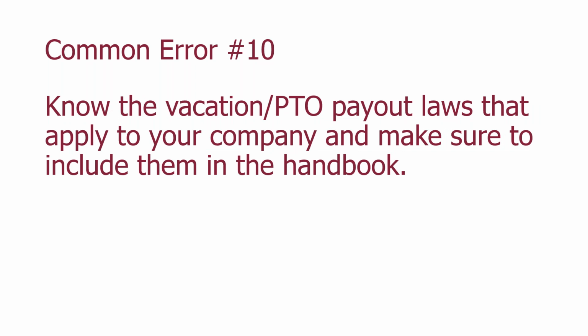So you'll want to make sure that your handbook states whether or not you are going to pay that out. And of course, you have to also know if your state requires it. If your state requires it, it doesn't really matter. But if you're in a state that says it's contingent on what the employer's policy says, make sure that you have a statement about, yes, it gets paid out, or no, it does not get paid out.